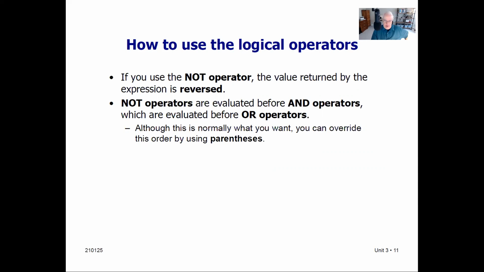So not operators are evaluated before and operators, which are evaluated before or operators. There's that precedence again. Not comes before and comes before or, okay? So if we want to flip the logic, students hate questions in tests which have the not operator in them.